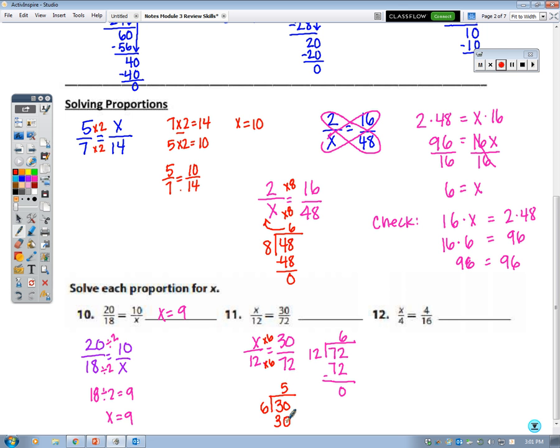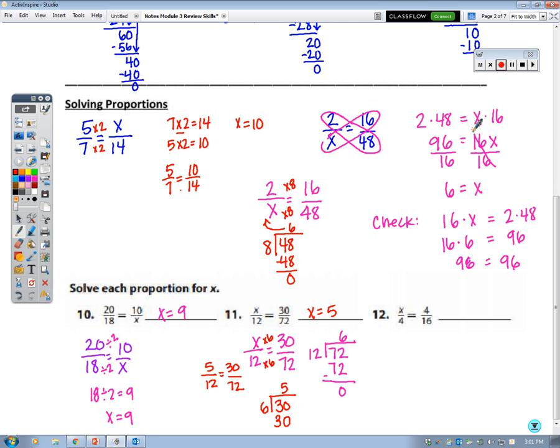So what does x equal? x equals 5. So that proportion written out would look like 5 over 12 equals 30 over 72. So you can use this method to solve, or you can use that cross multiplication method as well that we did up here. That would be okay as well.